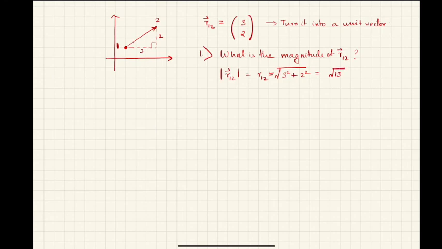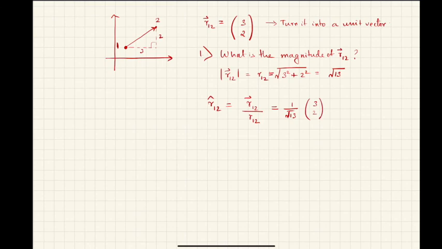Okay, so I have now the magnitude, and therefore, in order to make sure that the magnitude is 1, I can simply calculate r12 hat as the r12 vector divided by the r12 magnitude. Okay, so how do I do this? What does this mean in terms of the numbers? Well, we know that 1 by square root 13 times the r12 vector, which is 3, 2.